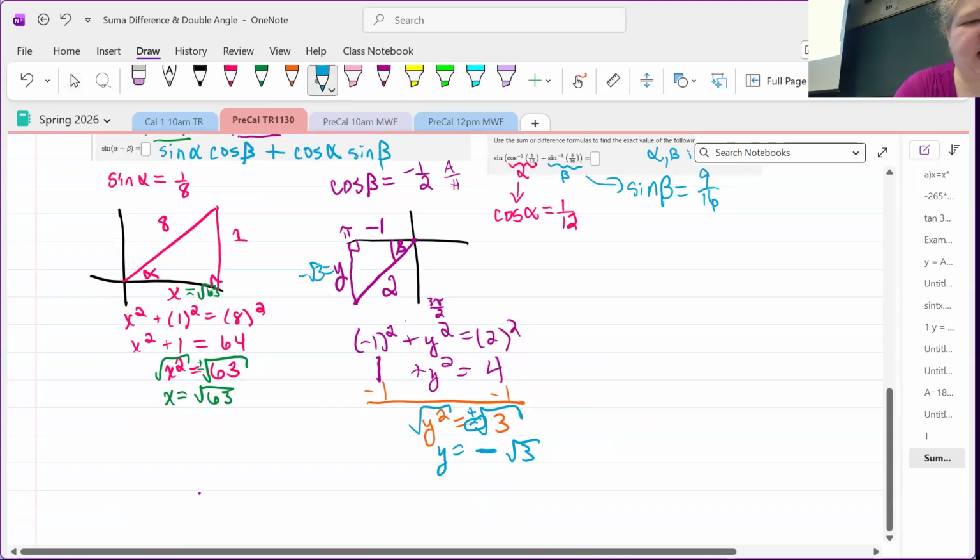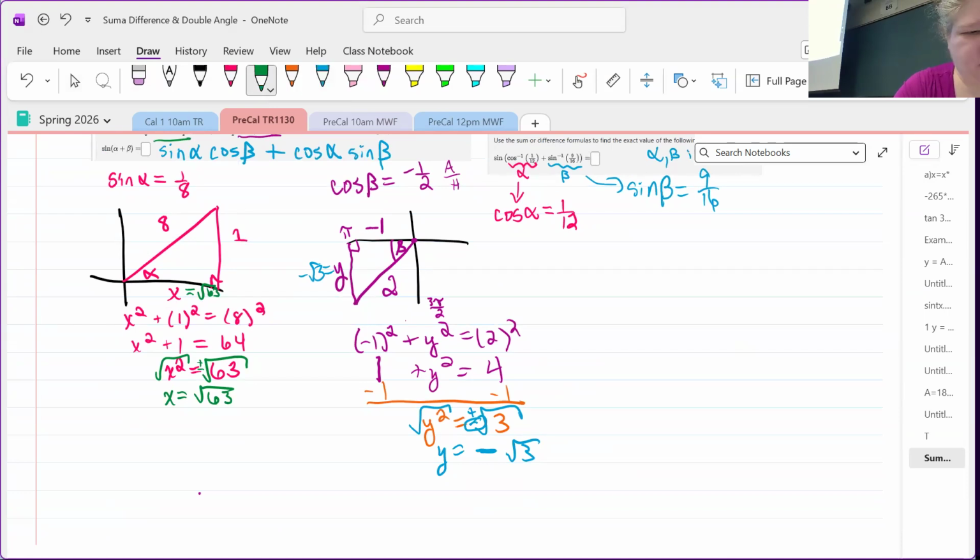So I have the sine of alpha is 1/8. After I finished solving for x on the first triangle, I can say the cosine of alpha is square root of 63 over 8. Then my cosine of beta was -1/2.